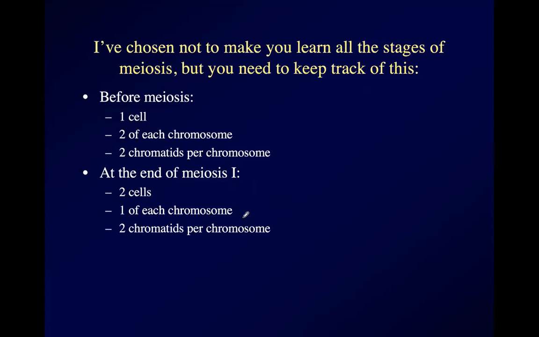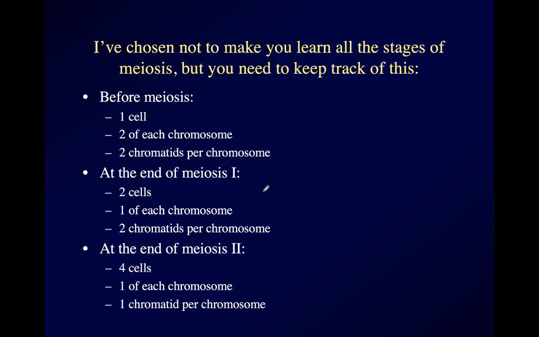Each cell has one of each chromosome, and each chromosome has two chromatids, with the wrinkle that if you're making egg cells, the division isn't even. So instead of dividing into two equal cells, you divide into one egg and one tiny little thing called a polar body.